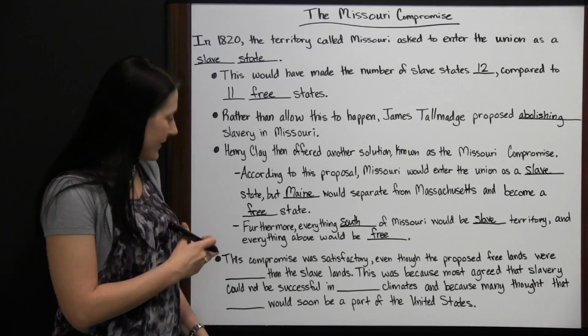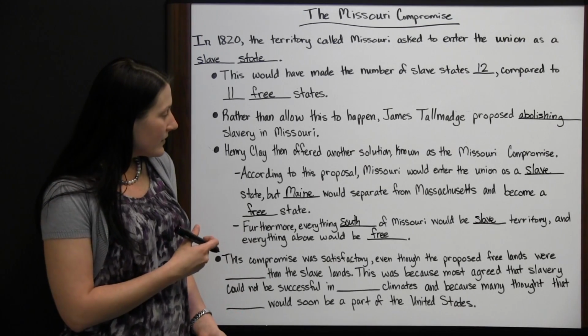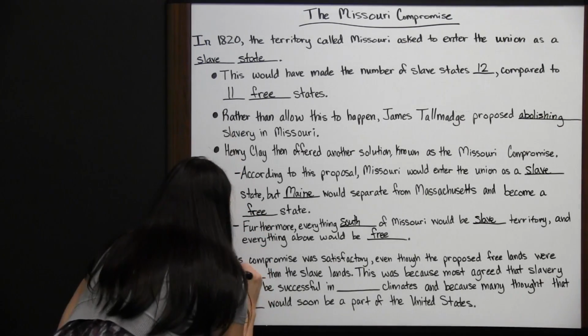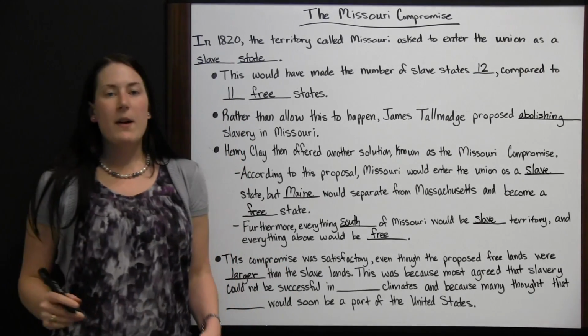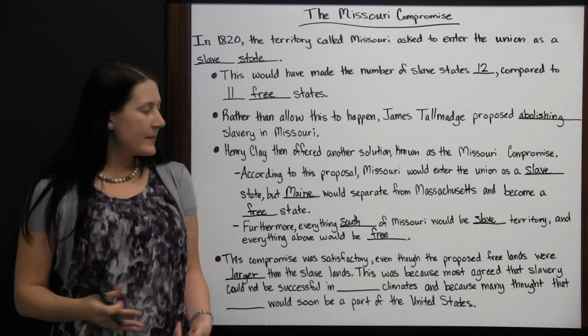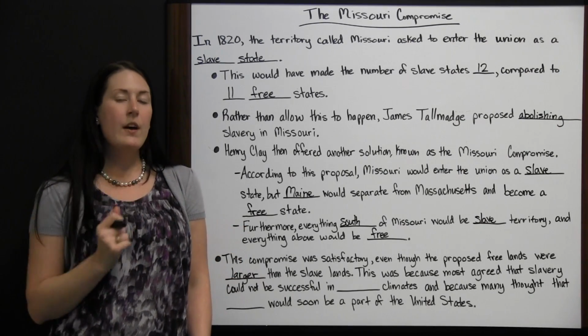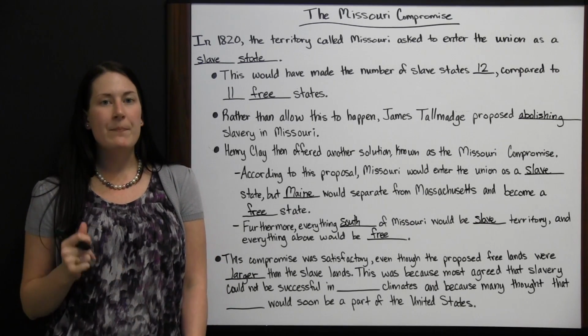Now, this compromise was satisfactory to pretty much everybody for several reasons, even though the proposed free lands were larger than slave lands. So you might think some would have a problem with this, especially because the proposed free lands north of Missouri were larger than the slave lands south of Missouri.